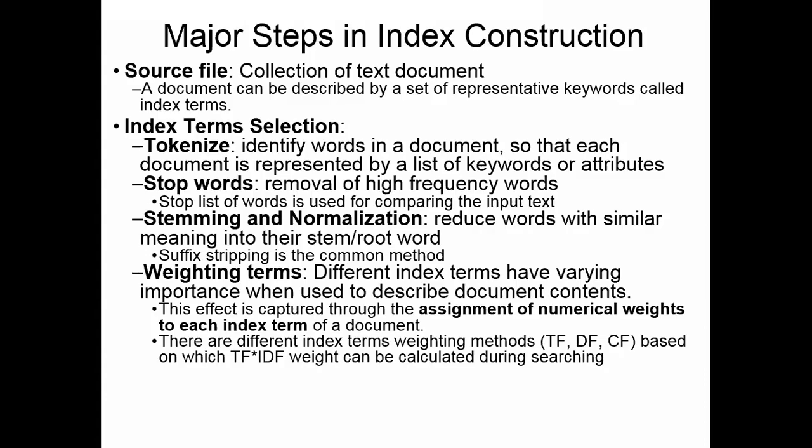Term frequency tells us the frequency of occurrence of the term in each document. Document frequency tells us how many documents contain that term. Collection frequency tells us the total frequency of occurrence of that term across the document collection.